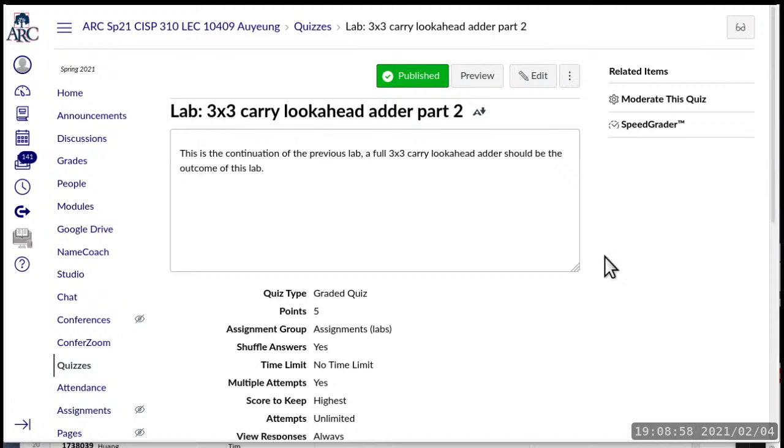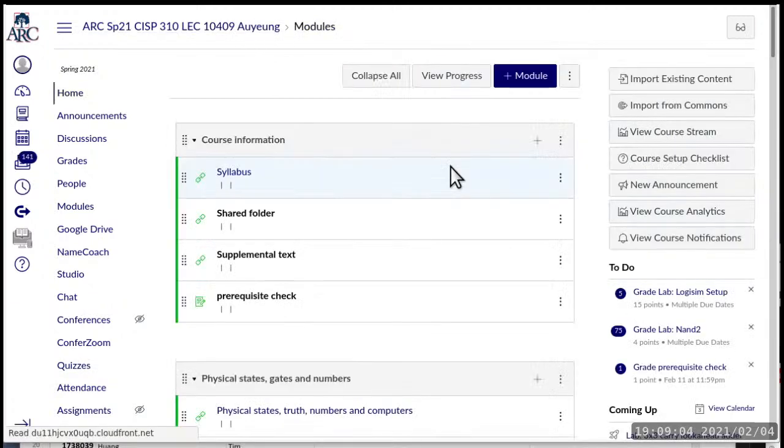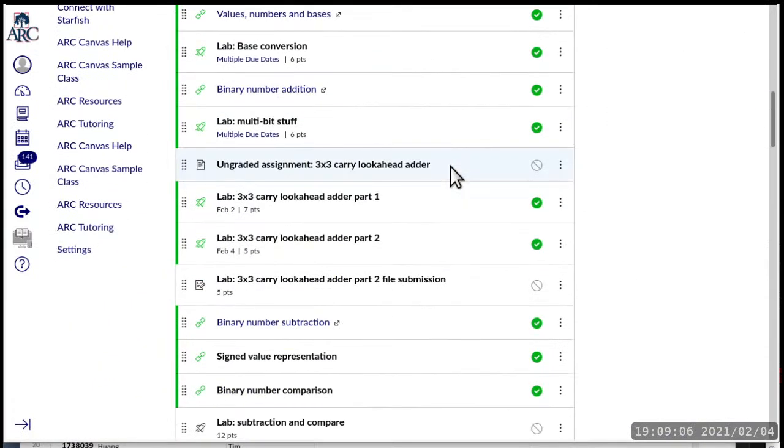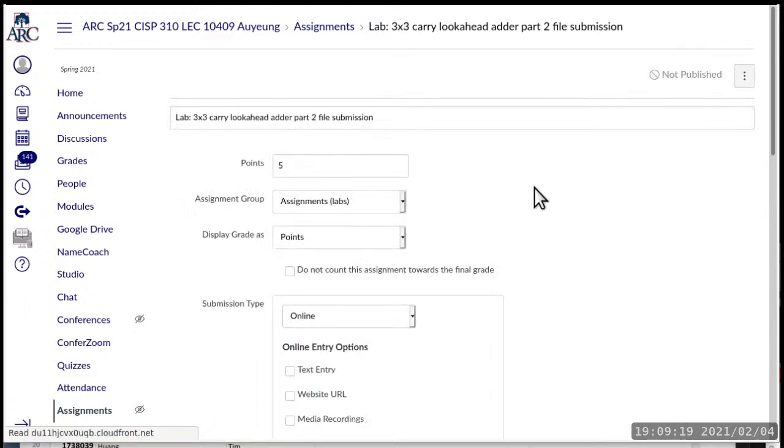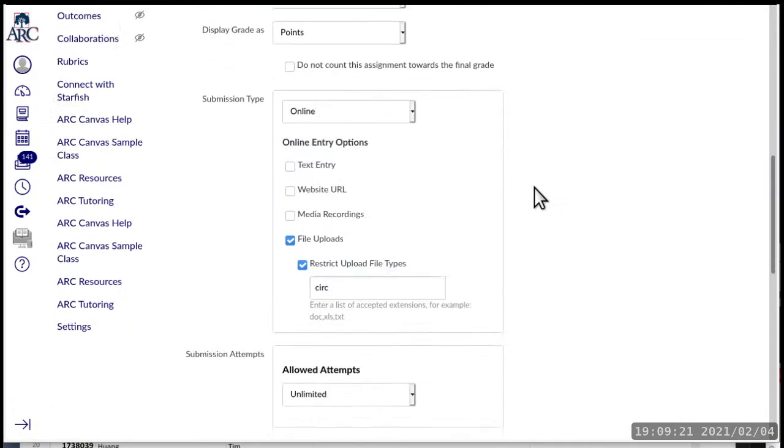Where do we submit your file? I need to reopen another assignment for that. Yeah, this is one of the things. Yep. So I have another assignment, just for collecting the file. And this one does not have a key, so once I open it, it's open.